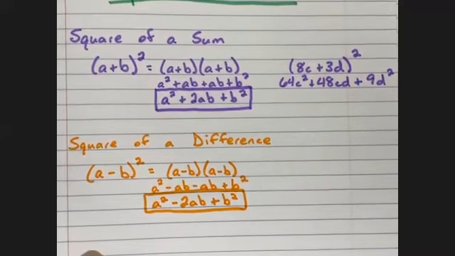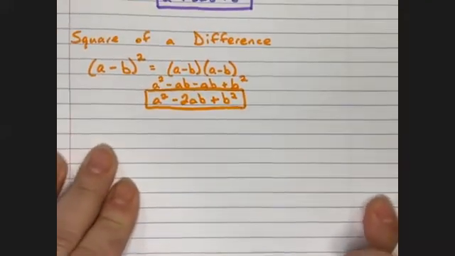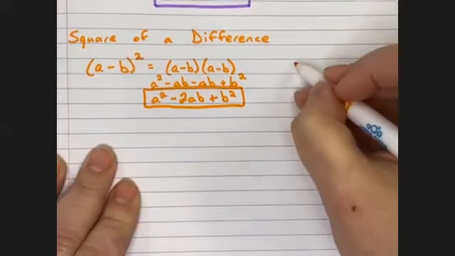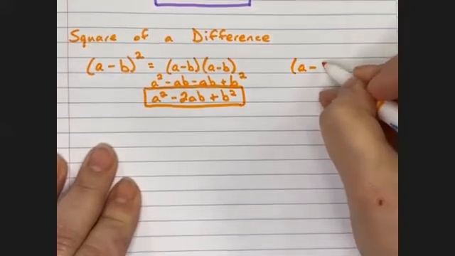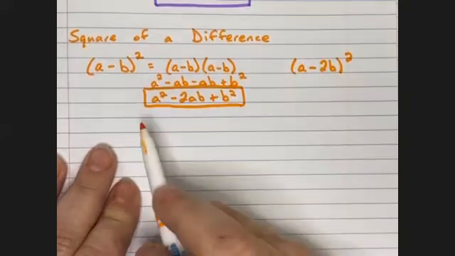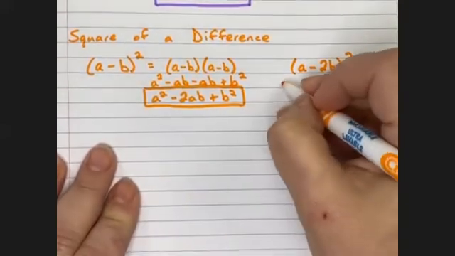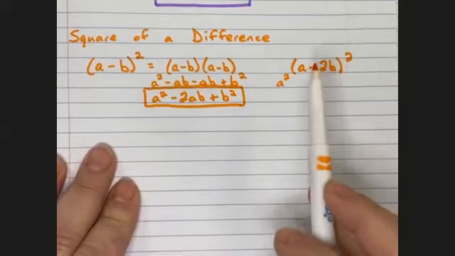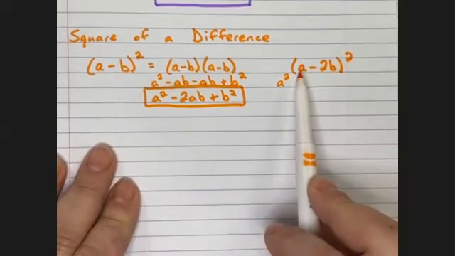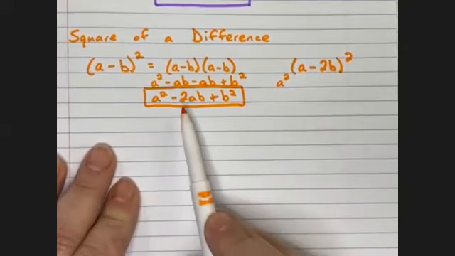All right, so once again, what does that look like if I'm doing it for real? So let's say I have a minus 2b squared. The first one is just the first term times the first term. So a times a is a squared. Now I'm going to do this times this. So a times 2b is 2ab, but then it's times 2.